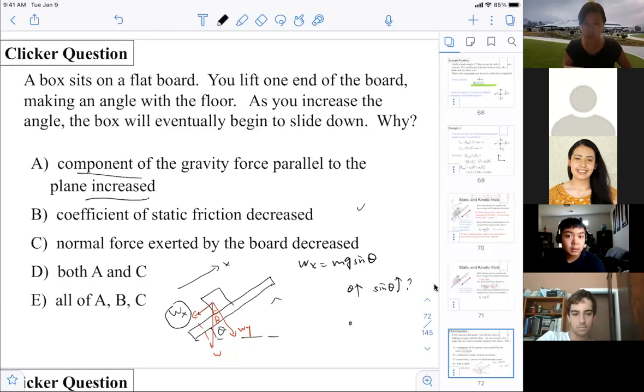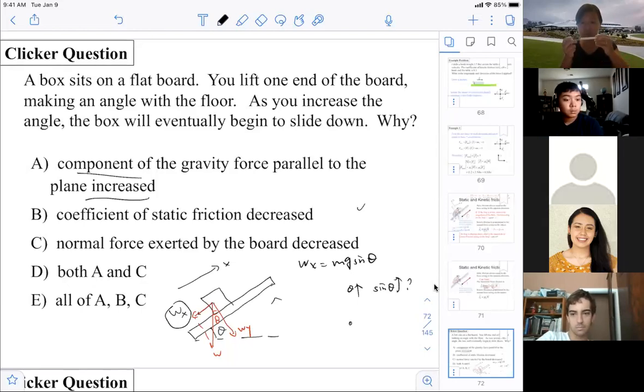Yes, that is correct. Between 0 and 90 degrees, because that's all that matters, we're not going beyond, sine theta always increases as theta increases. So this component indeed increased.